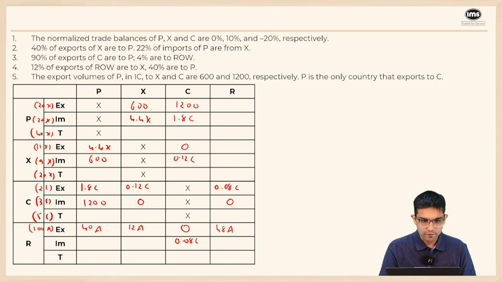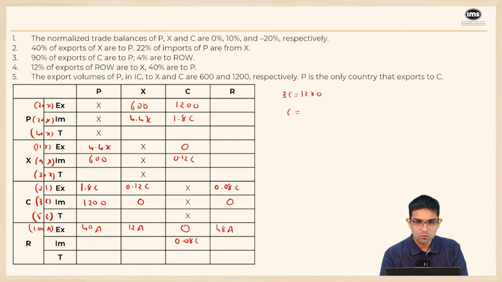Let's look further. Now we know that import of C is 3C, but import of C is only from X, and that is 1200. So I know 3C is equal to 1200 and hence C has to be 400. So wherever we have C, we will use 400. So this is 1.8 into 400.